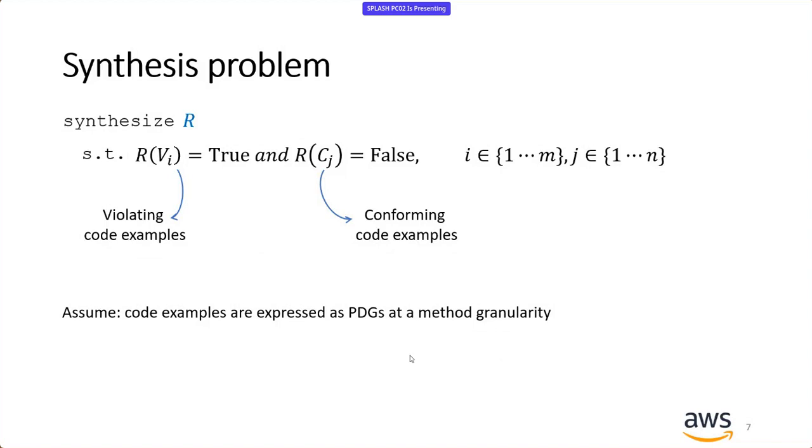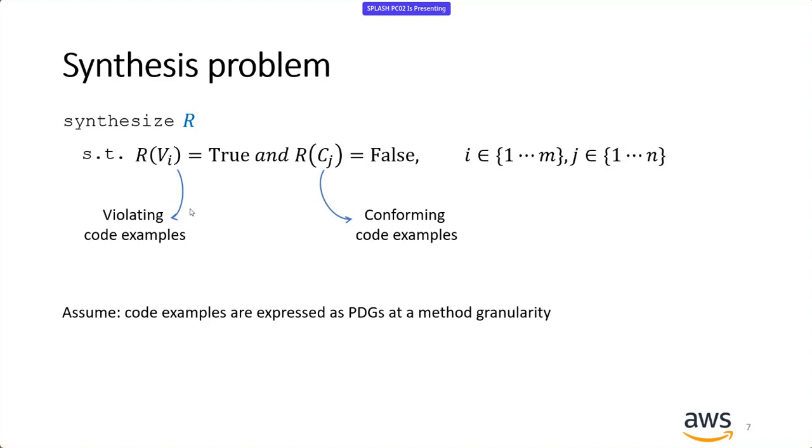And note that in our formulation of the problem, the violating and the conforming examples are not paired. This is in contrast to some of the earlier works that only worked on paired code changes. And so this is a more general formulation of the problem, and this allows iterative refinement of the rule, something that I'll come to later in my talk.